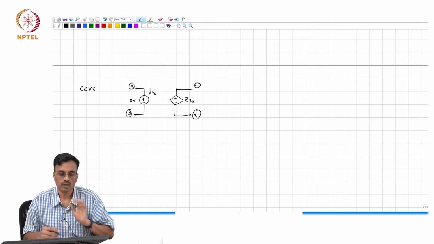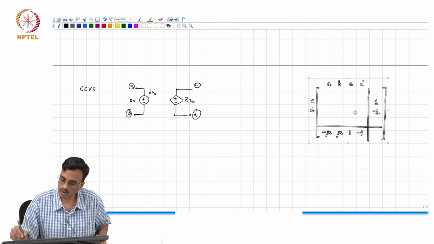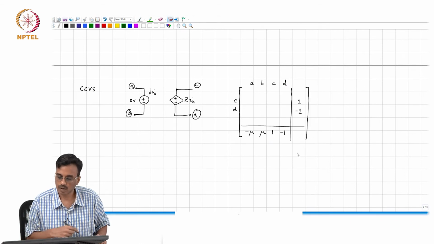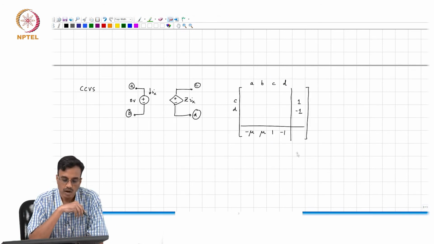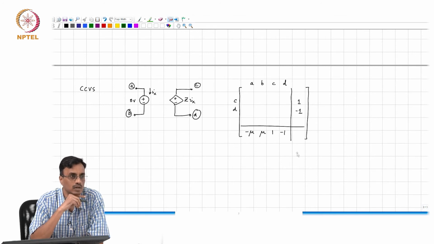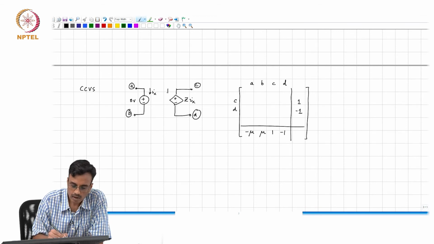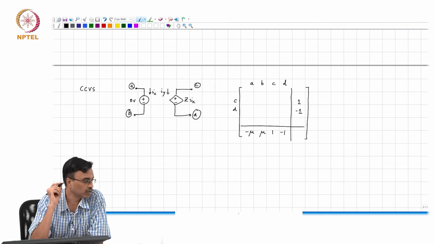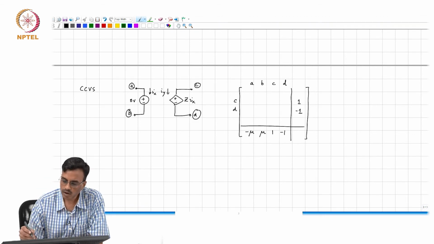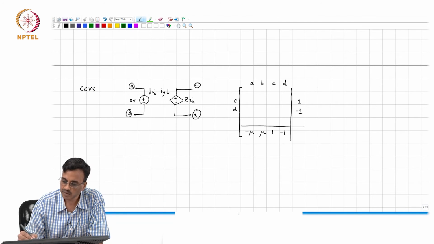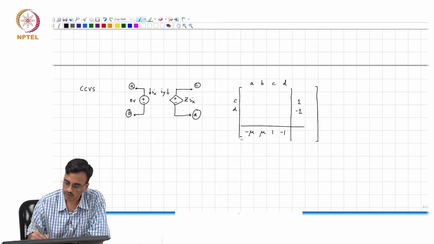All right. So, how many unknowns do we have now? You have 2 unknowns now, and remember that the current flowing through any voltage source is an unknown, and therefore, we need 2 extra columns and 2 extra rows.